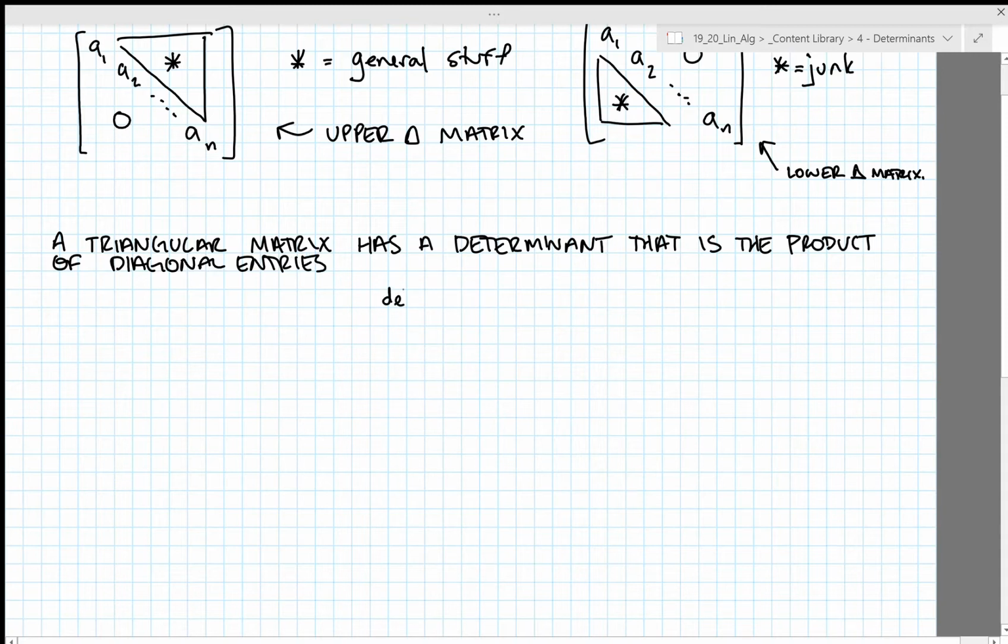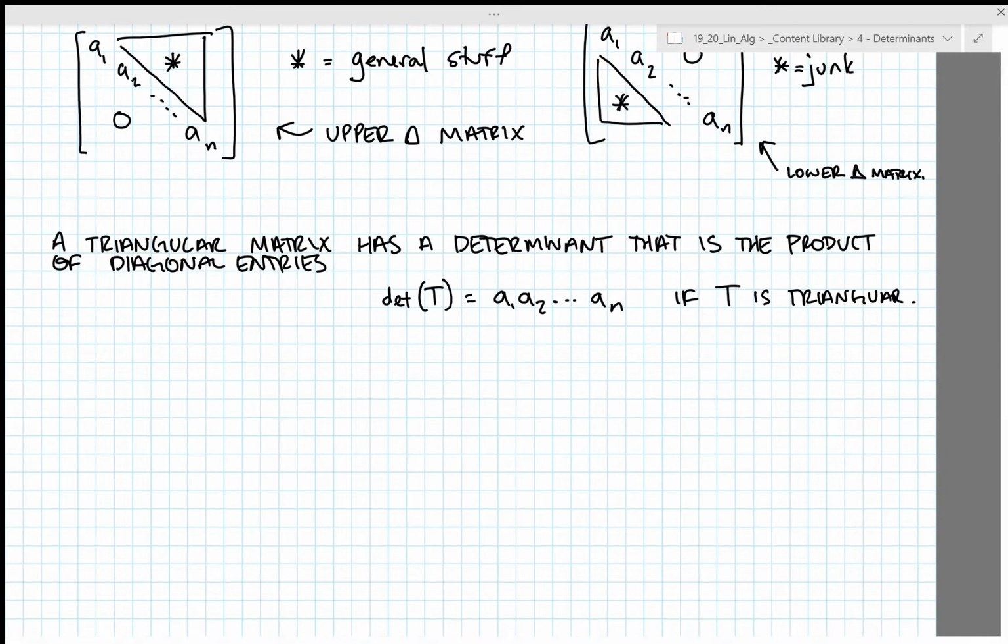So we'll say det T equals A1, A2, AN if T is triangular. That's what the T stands for. Wonderful. Well, how does that work?